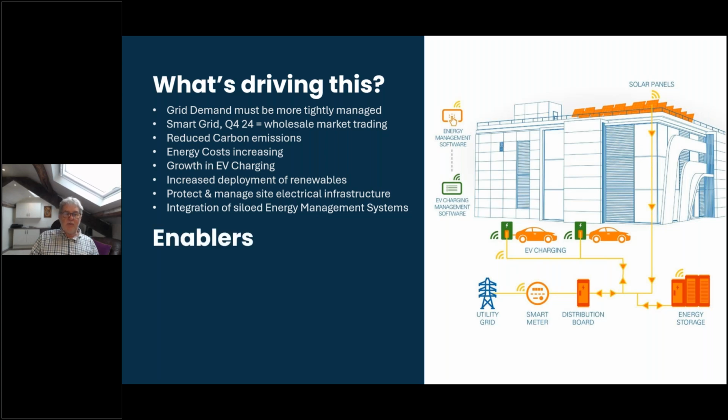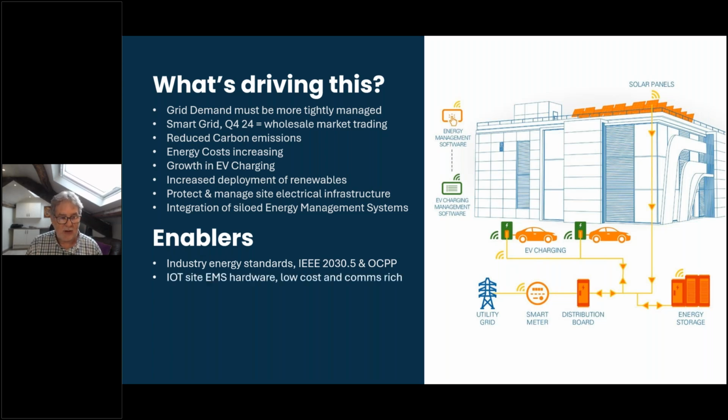So fortunately, there's a lot of enablers out there to make it happen quite quickly. There are industry standards now in place, protocols that will allow this sharing of information between renewables, building, battery, EV charging, and the grid. Some of these new protocols have been around for a year or two and are now being put into place by software platform vendors.